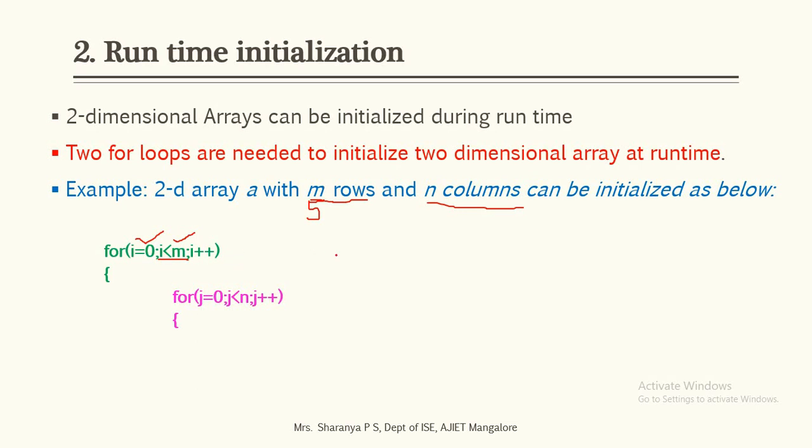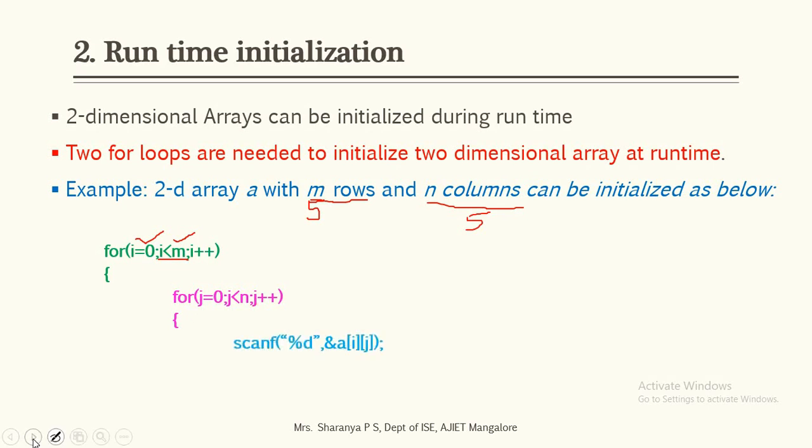This is responsible for rows, and then we are using one more for loop for mentioning the column. Here we are using the index variable j, and say for example the column count is 5, then that is stored in the n variable. That's why we have mentioned j is less than n and j plus plus.